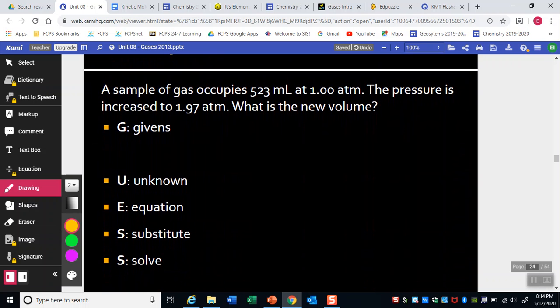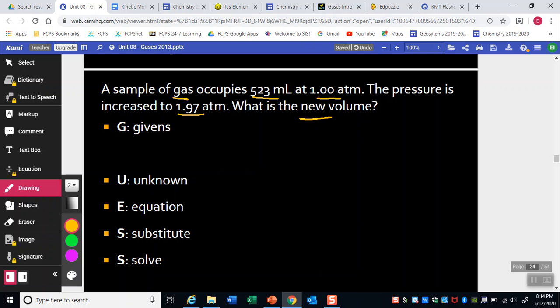All right, so what kind of problems are we going to solve here? So we have a sample of gas, all right, so that's important to know. So we're looking at our gas laws. I've got 523 milliliters at 1 atmosphere, and I'm going to increase it to 1.97 atmosphere. So I want to know the new volume. So what am I given?